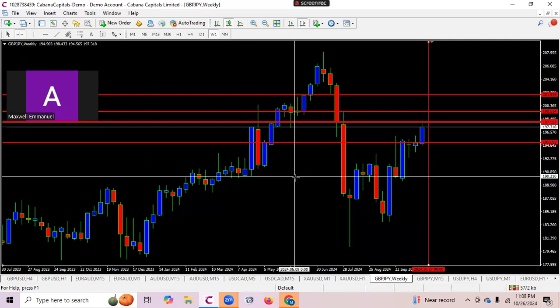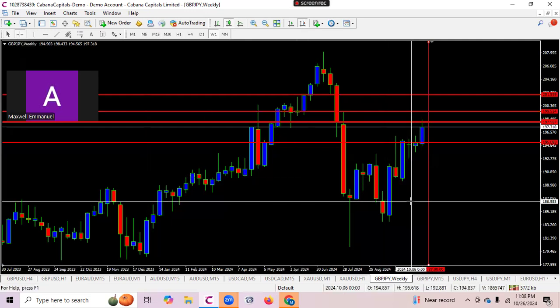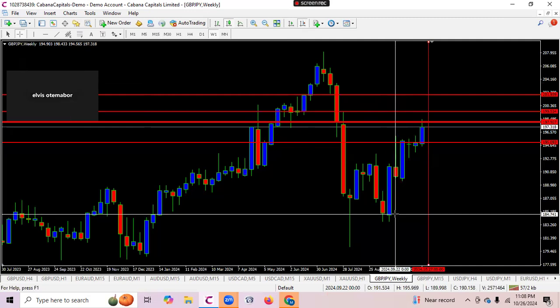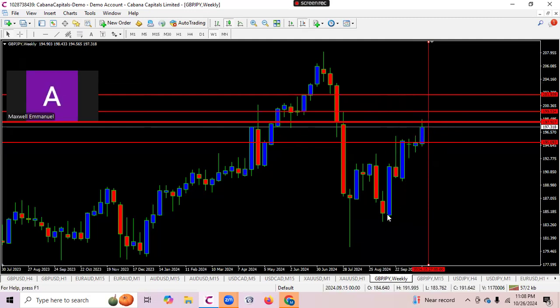Calculate the difference. I think it's above 800 pips from this low. It's above, you can see, it has done over 1,370 pips. So why would you want to buy at this price? You didn't buy from this price. You had an opportunity to buy after this little retracement.